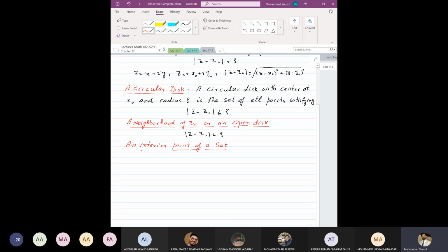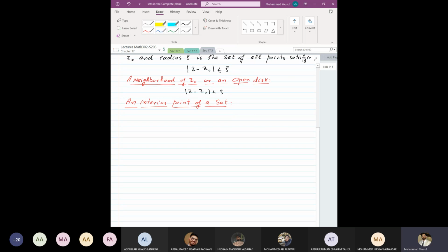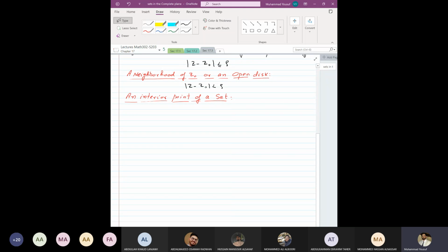So in general, we have a set S. Let S be a set of points in the complex plane.